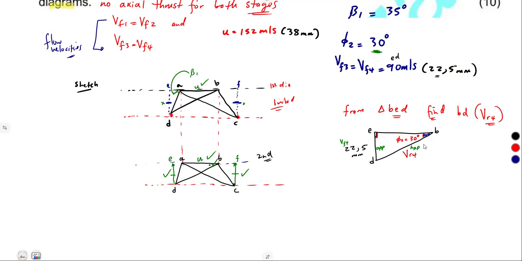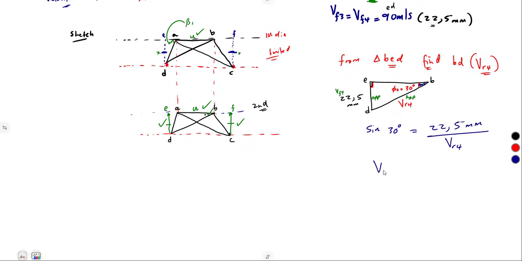So we can use the trigonometric ratio with opposite and hypotenuse, the sine. Sine theta is opposite over hypotenuse, so sine of 30 degrees equals 22,5 millimeters over the hypotenuse, which is our VR4. Just cross multiply, then divide.